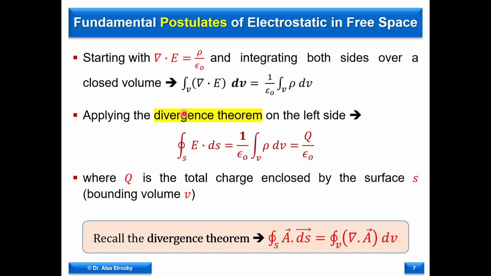Now coming to the left side of the equation, and before we move forward, let us recall the divergence theorem that we studied in the previous lecture. It states that the integration of any vector A over a closed surface, A dot ds, equals the integration of the divergence of A, which is a scalar quantity, over the volume enclosed by this closed surface.